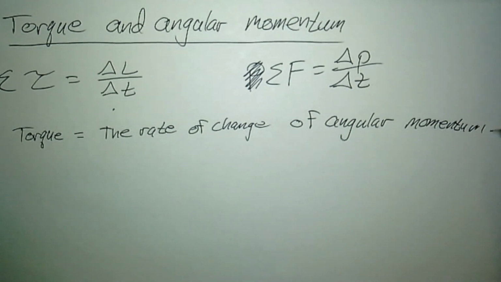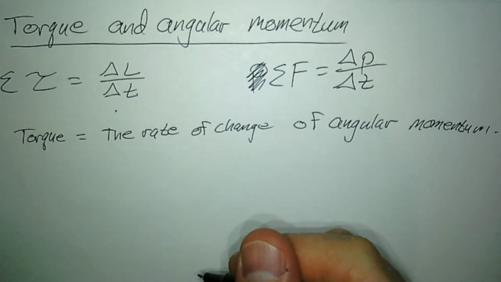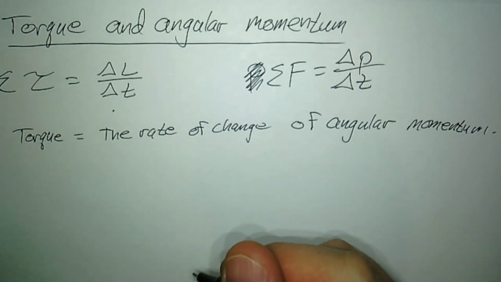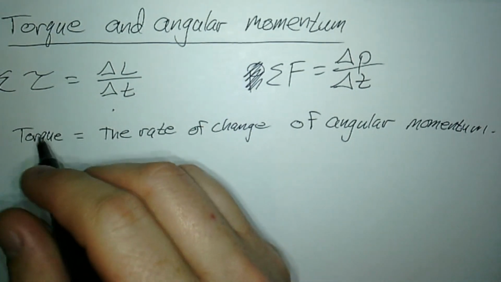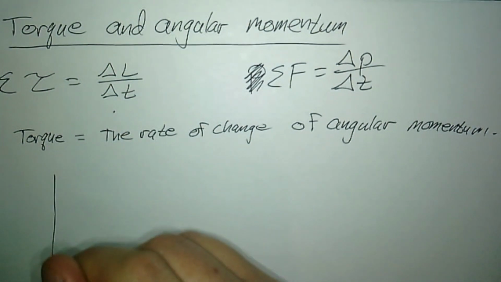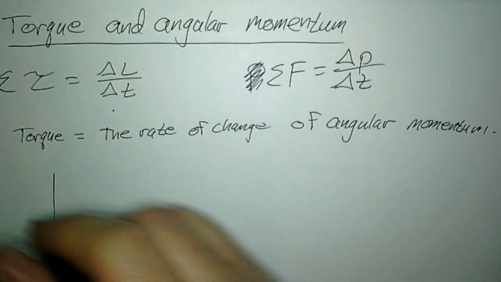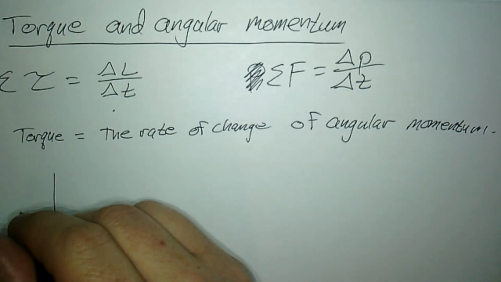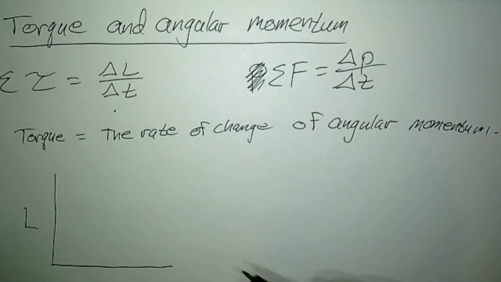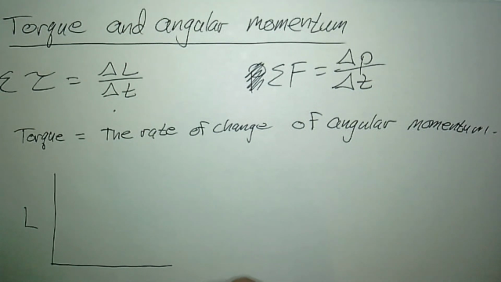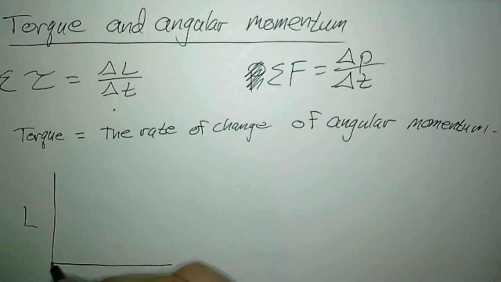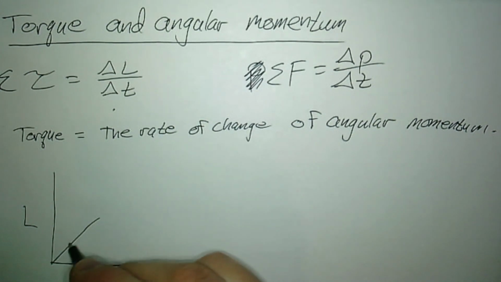All right. So what you're going to get a lot is problems where they give you a graph. And they say, I've got angular momentum or angular speed on that axis, and I have time on this axis. And then you'll get something like a line.